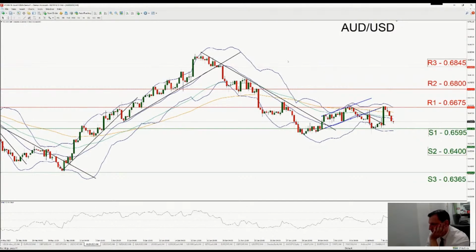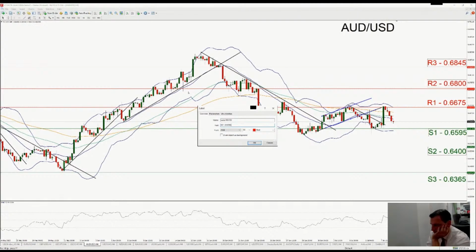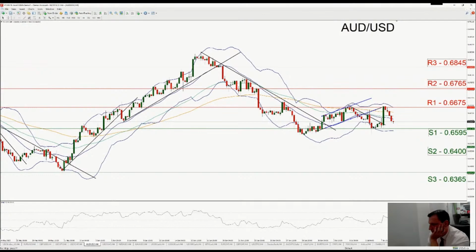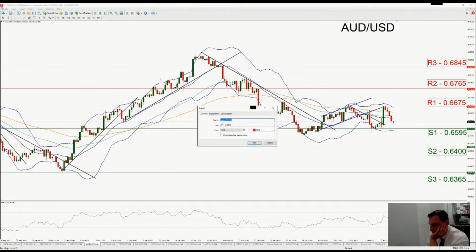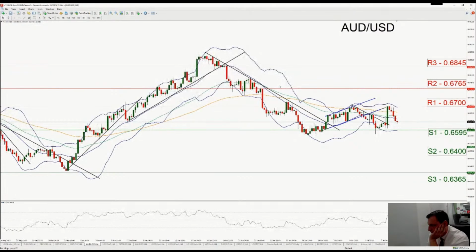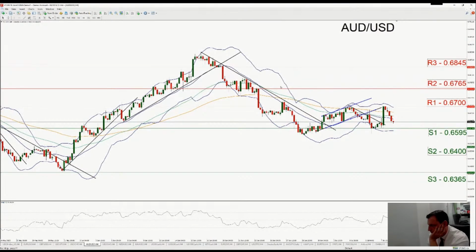The R2, 0.6765. The R1, 0.67. And the S1, 0.6620.